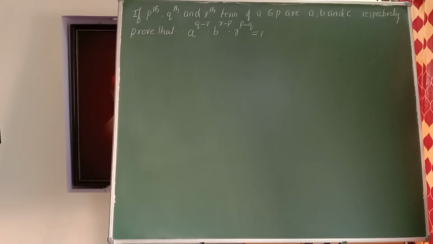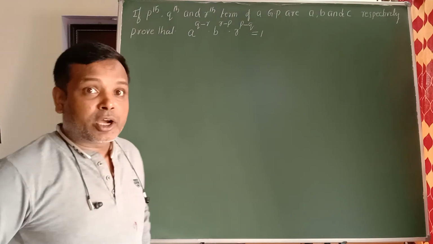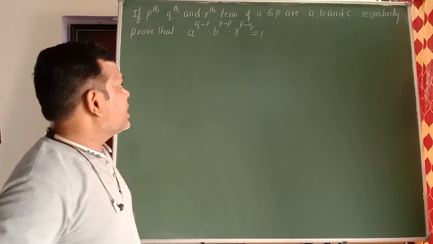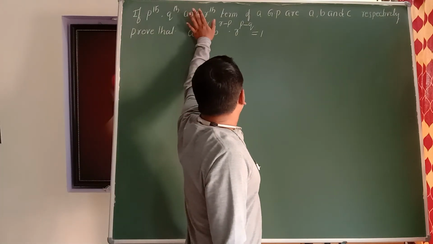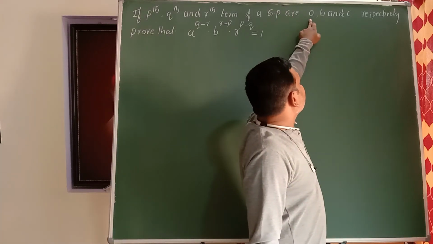When they ask for any term of a geometric progression, we want the first term a and the common ratio r. But here the small r is used to represent a term, and small a represents a term.